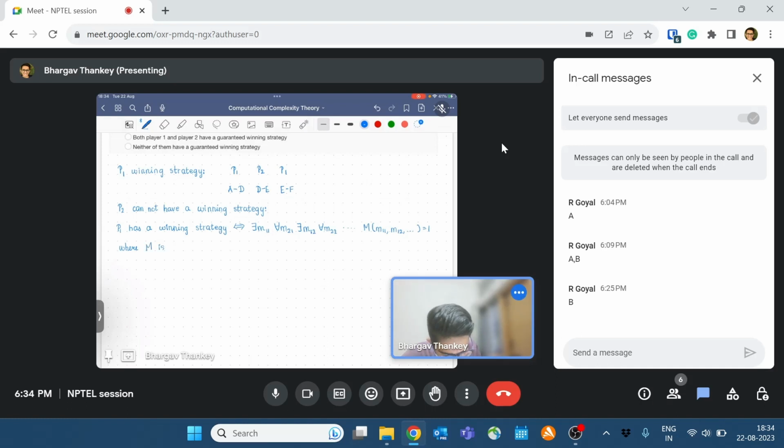M is a Turing machine that takes as input the moves and outputs one if player one wins and zero if player two wins.